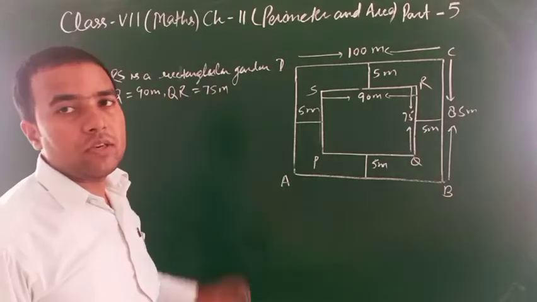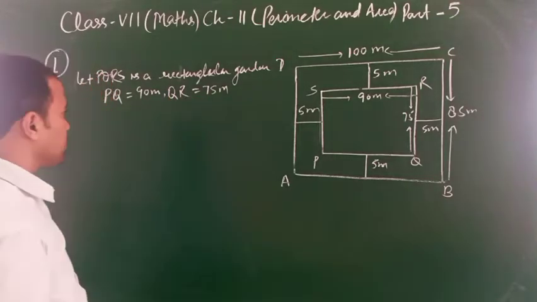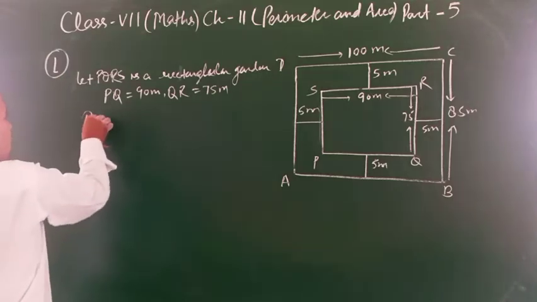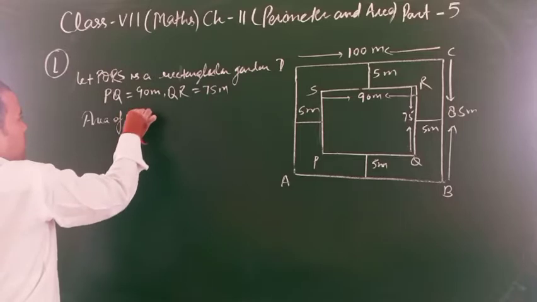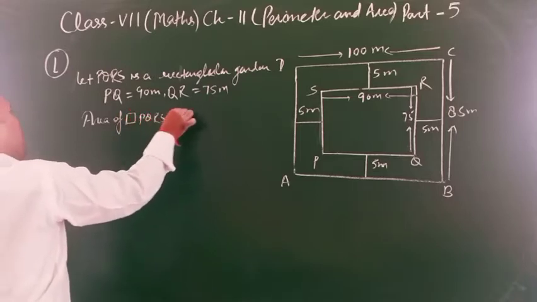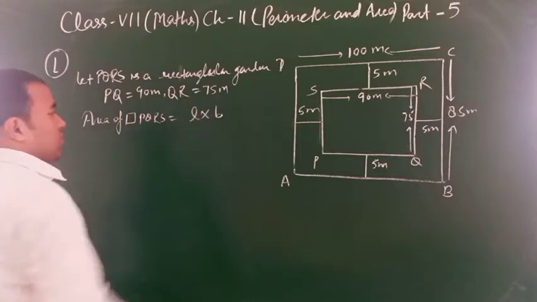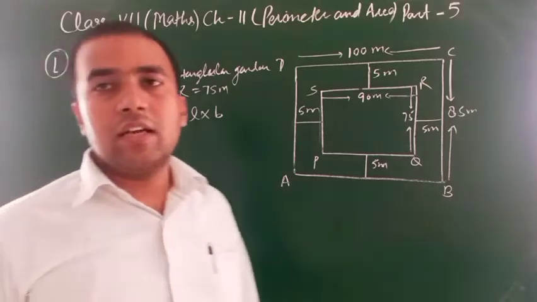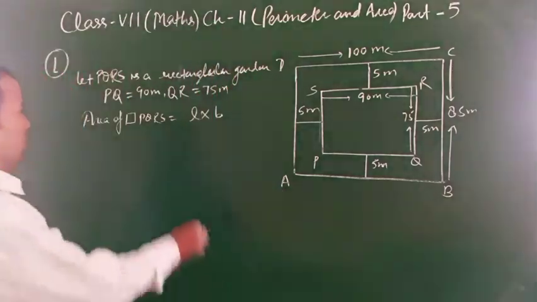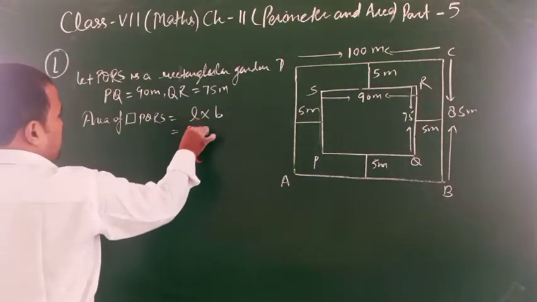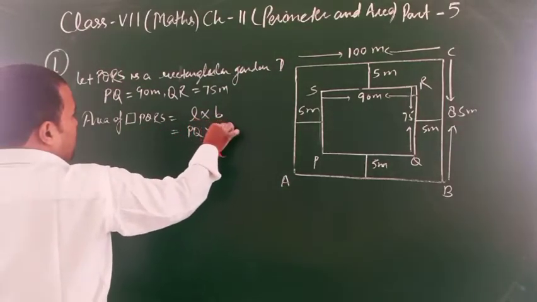QR equal to 75 meter. Okay, so area of rectangle PQRS equal to L into B. Right? We know that area of rectangle is L into B, means PQ into QR.